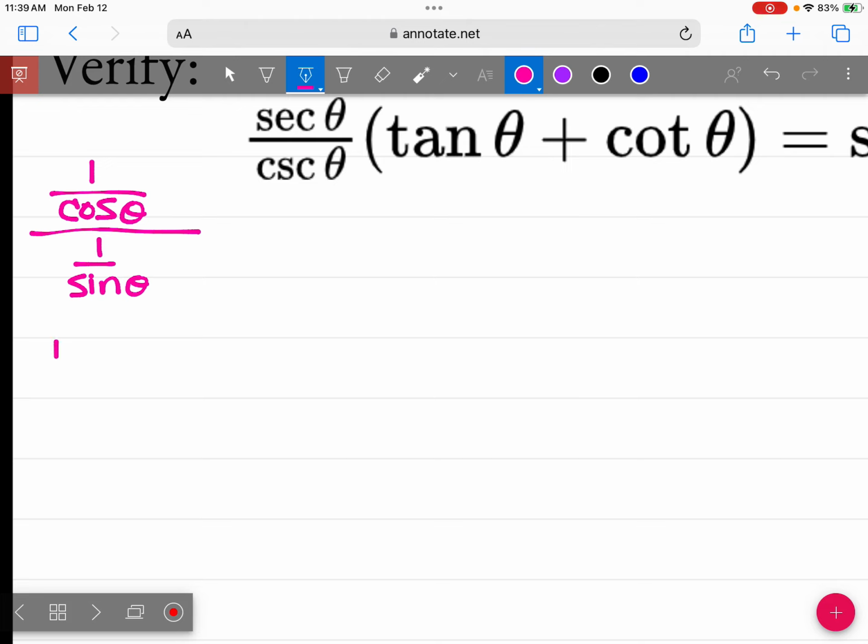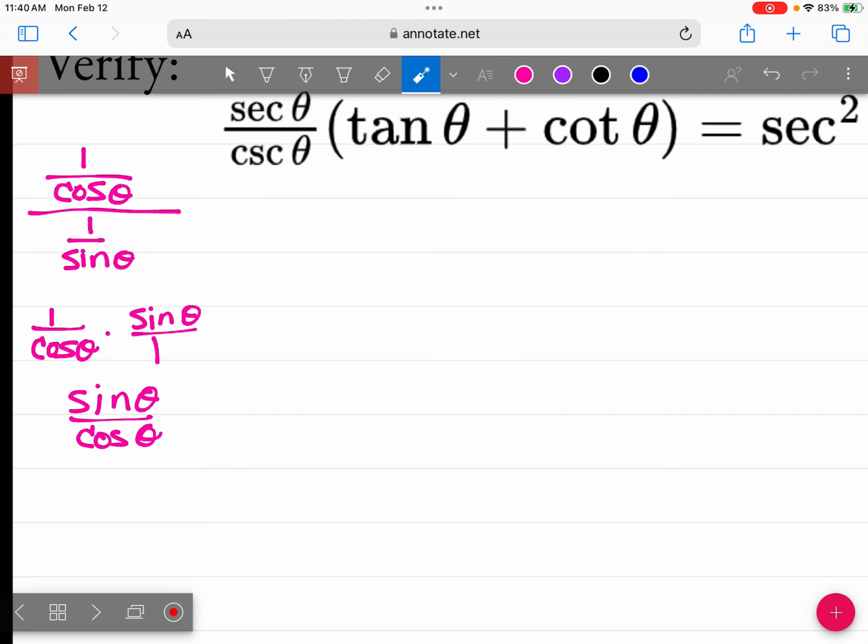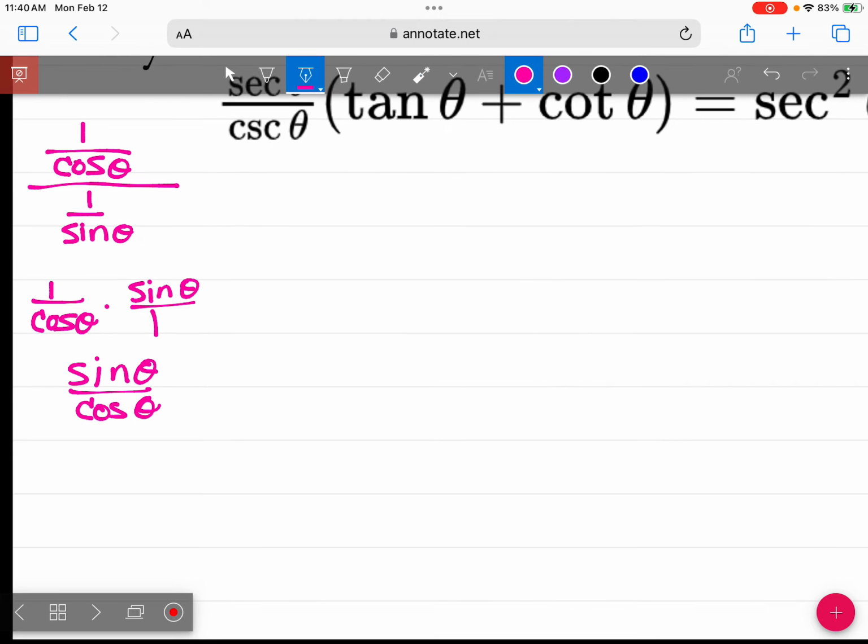So what this is, is 1 over cosine theta times the inverse of my denominator, which is sine theta over 1. So we wind up with sine of theta over cosine theta. And since all these other pieces in my function are in tangent and cotangent, I can just write this as tangent.